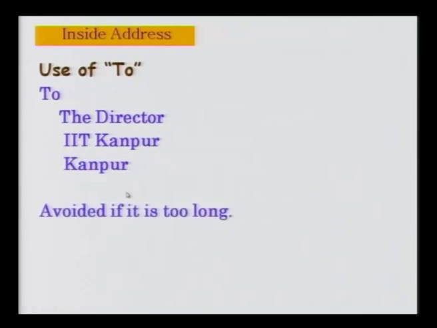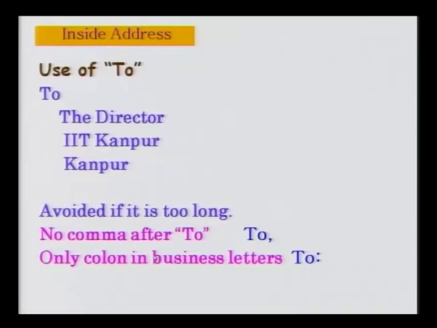If the address is going to be five or six lines, it is better that you avoid it if it is too long, and do not use any comma after 'To'. One of the silliest mistakes you can make is putting a comma after 'To'. In fact, as a teacher, when we correct letters written by students and see this comma, we reduce so many marks just for this.